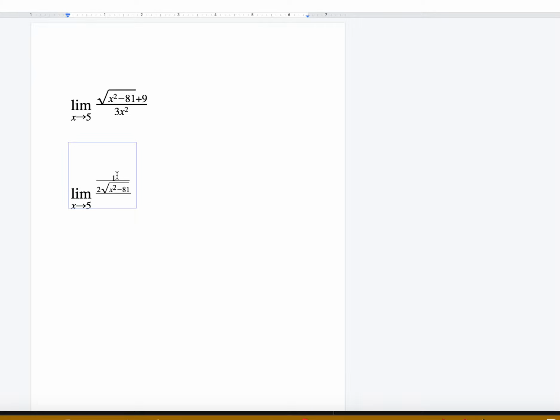Since you took the derivative of the thing inside the square root, you got to multiply by the derivative of that thing, which is 2x. And the denominator is 6x. That's the derivative of the denominator. First step done.